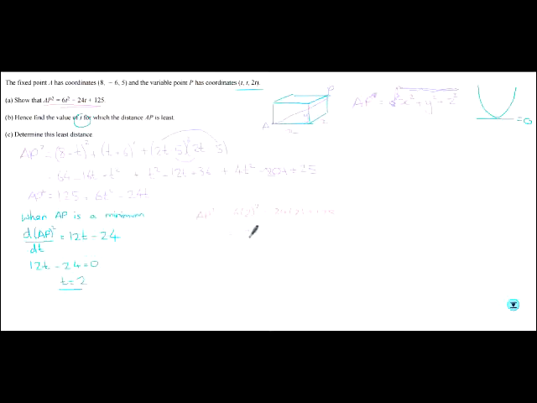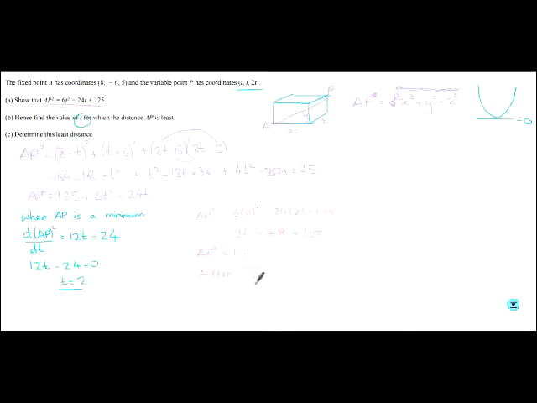So that's 24 minus 48 plus 125, and I make that 101. That's AP squared. So then obviously to find AP we're going to square root 101, which I'll leave for you to do. It's going to be 10 point something.